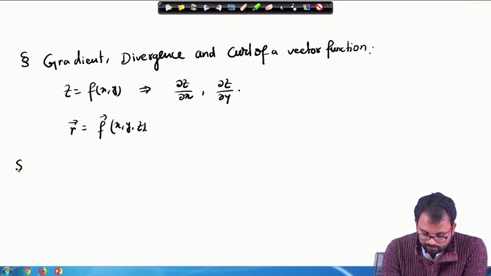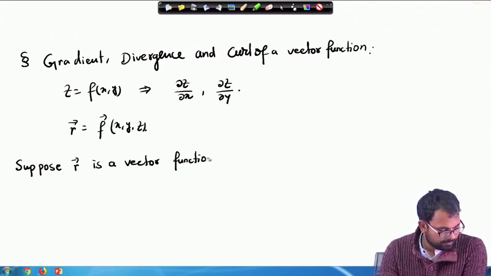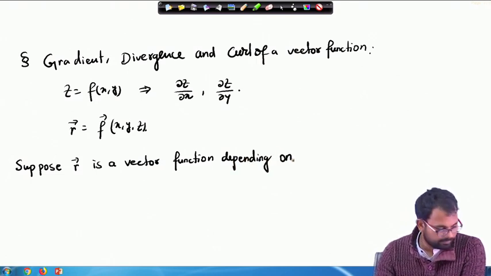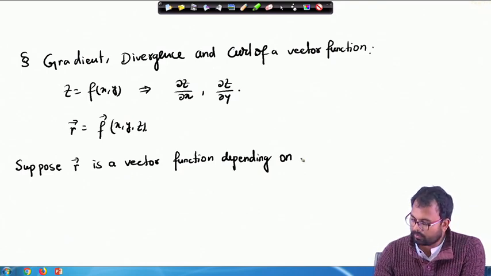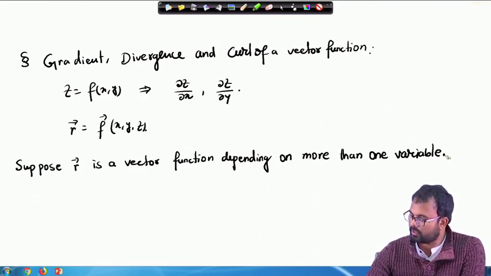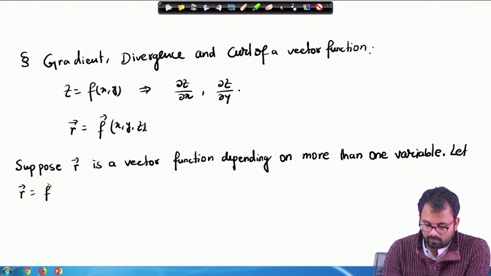Suppose r is a vector function depending on more than one scalar variable, and let r equal f(x, y, z).